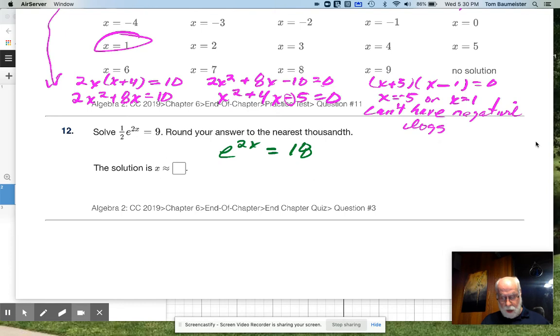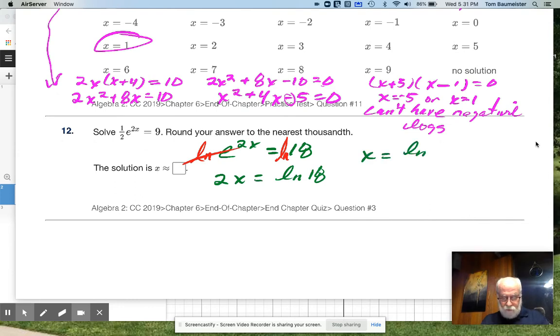Okay, now it's just like we just did one like this earlier. How do I get rid of an e? Well, take the natural log of both sides. All right, so those are going to go away, and the 2x comes down, equal to the natural log of 18. And then I'm going to divide by 2 to get x by itself.